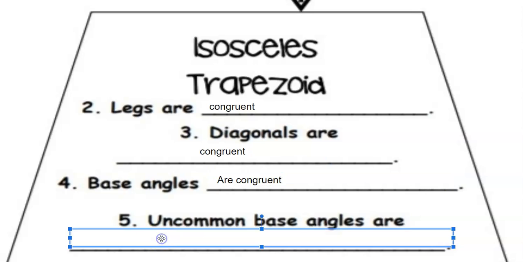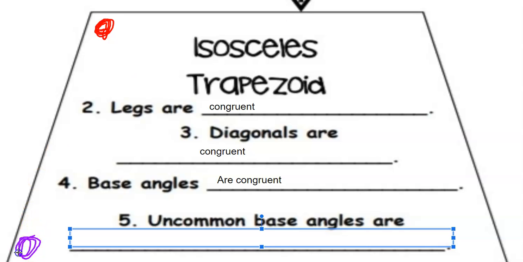And this is the only thing I really don't like about this flowchart. I don't like this phrase at all: uncommon base angles. That's really an awkward way of saying what they're trying to say. They're trying to say the two angles that are not at the same base. So they're talking about like this one up here, and let's go with, oh, come on, you could do it.